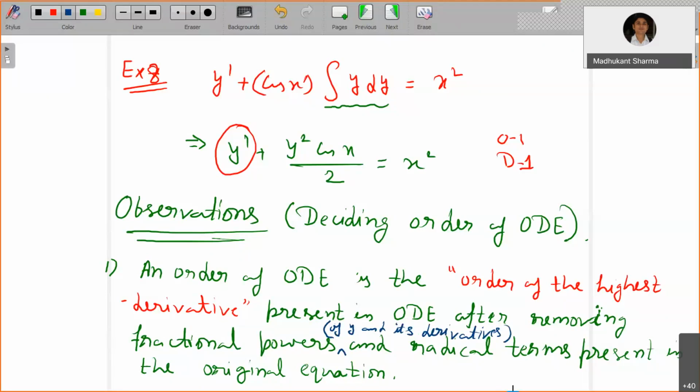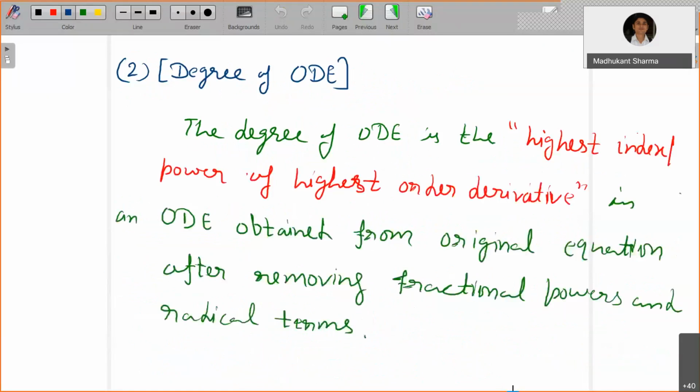So it is clear that we are nowhere worried about the coefficient as a function of x for deciding the order or the degree of any differential equation. We are only concerned about y and its derivatives.